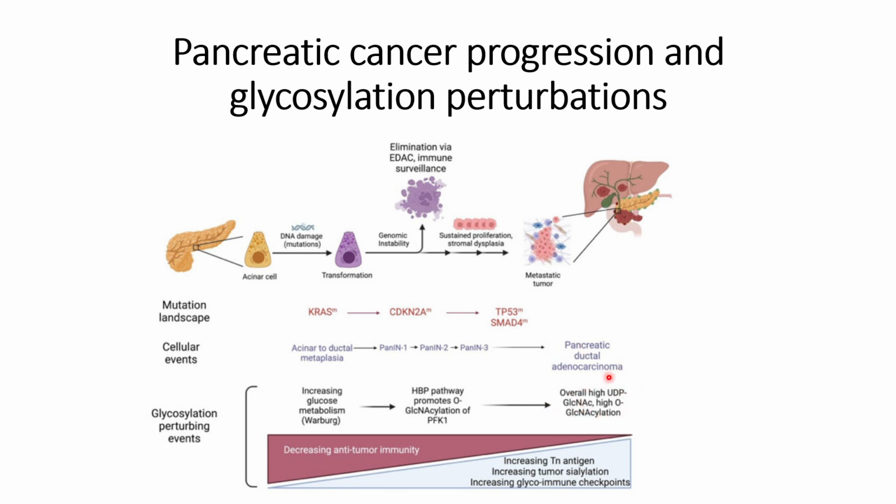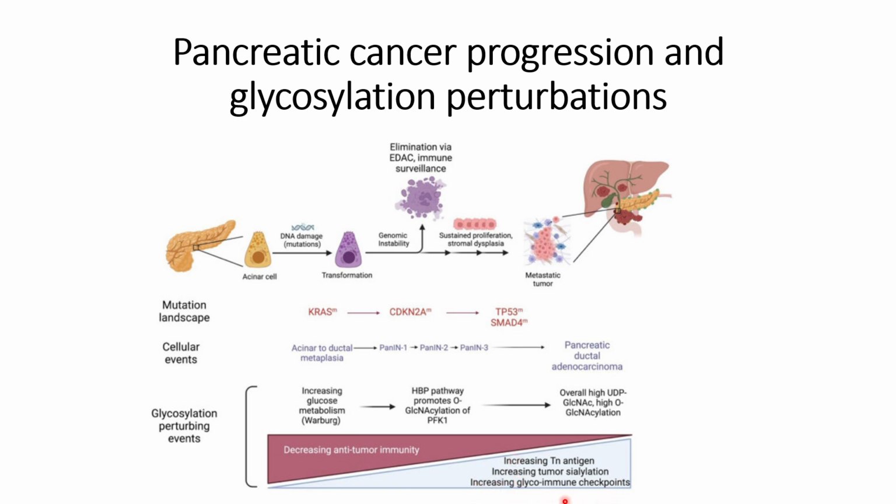This high UDP-GlcNAc and high O-GlcNAcylation thereby promote increased Tn antigen, increased tumor sialylation, and an increased glyco-immune checkpoint.